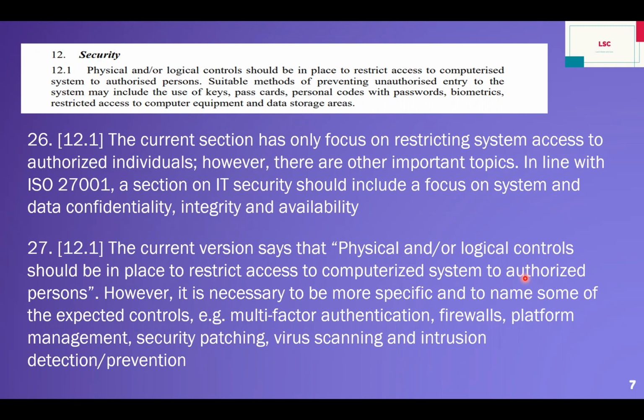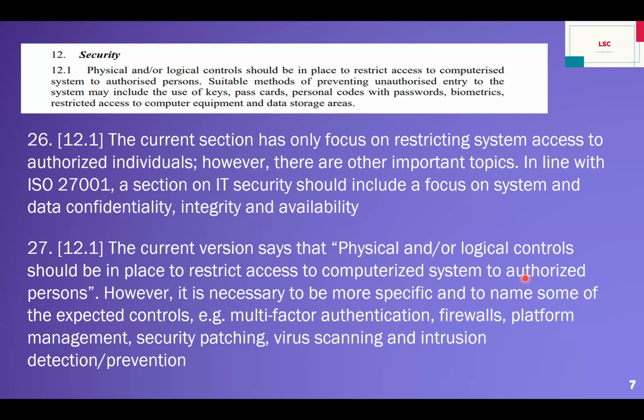This is a very good thing, but the concept paper says some points related to security. Like point number 26, the current section only focuses on restricting system access to authorized individuals. However, there are other important topics in line with ISO 27001. A section on IT security should include a focus on system and data confidentiality, integrity, and availability.